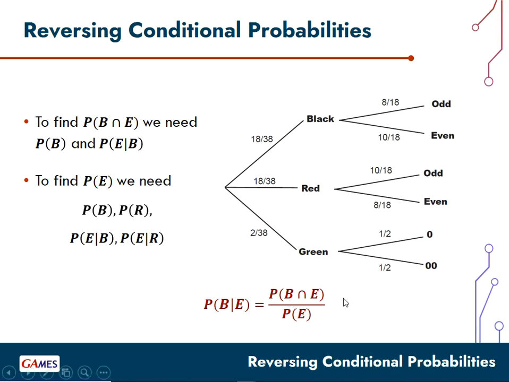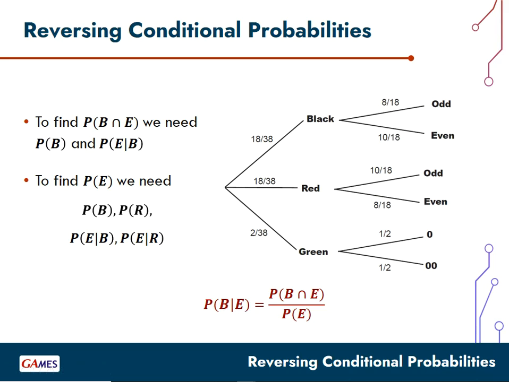So we want this numerator to show the probabilities and conditional probabilities, and we want the denominator to show the probabilities and conditional probabilities. That would give us the value for this reverse conditional probability.